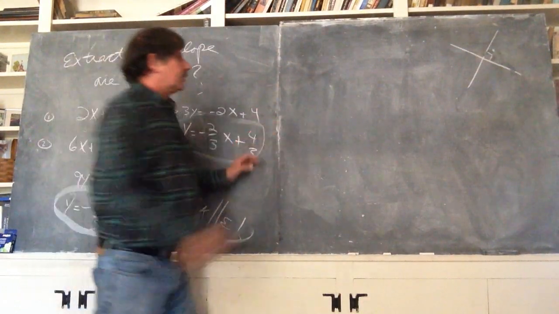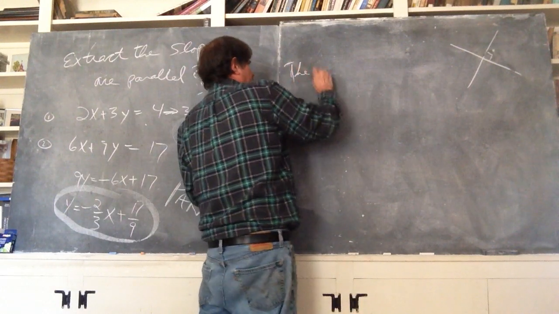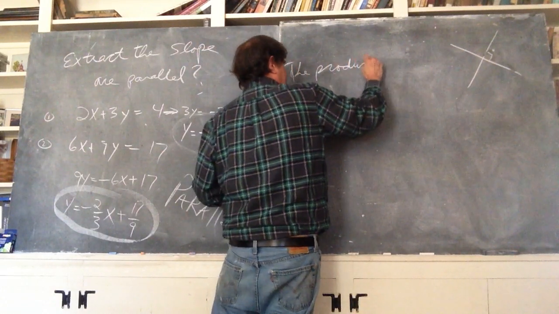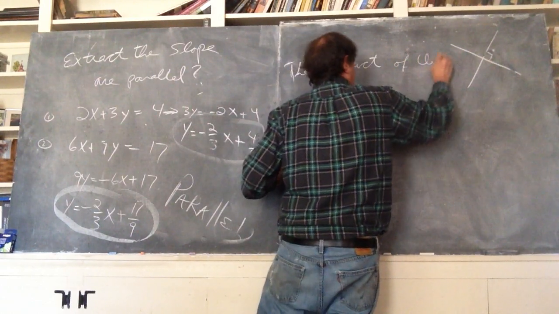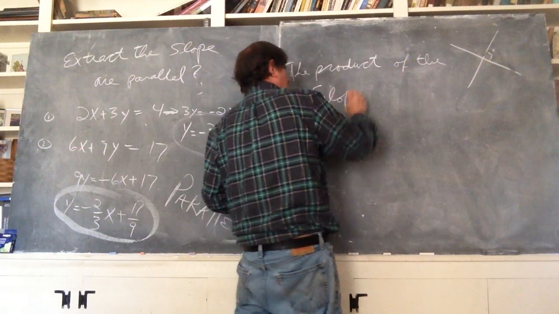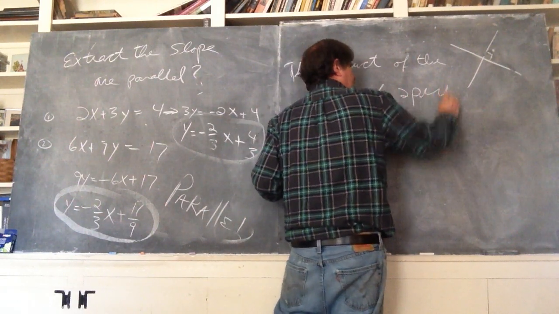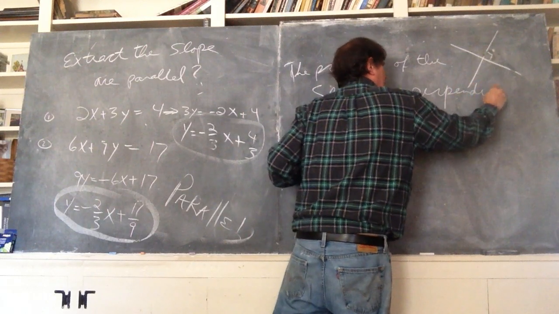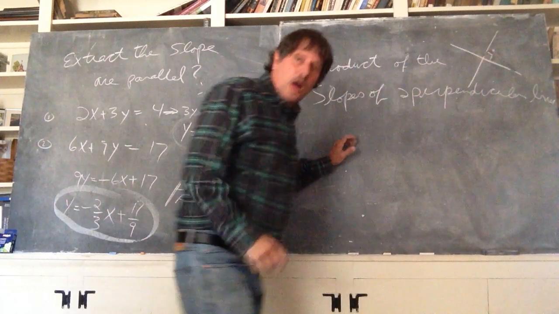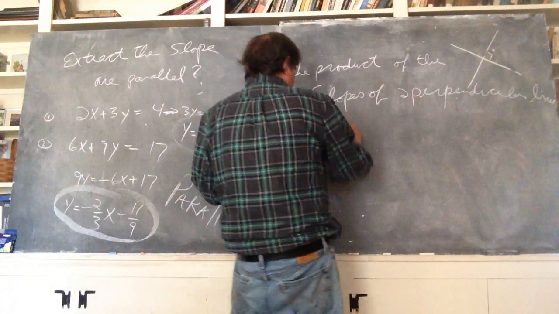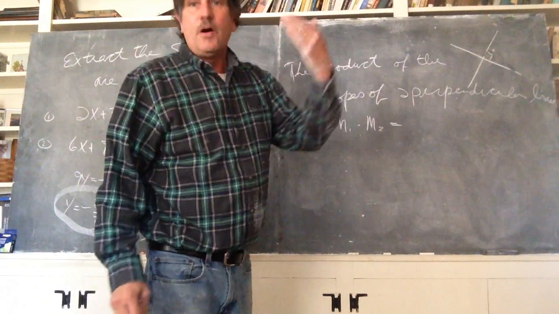And so they're perpendicular. Now, the product of the slopes of two lines perpendicular to one another, m1 times m2, is negative 1.